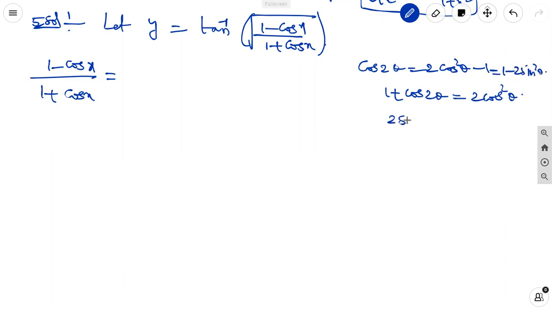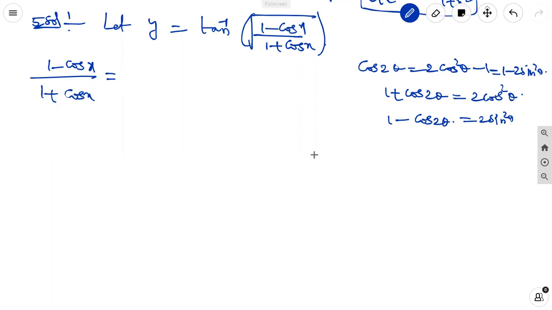So 2 sin square theta equal to 1 minus cos 2 theta. If theta is there, cos 2 theta is there, then we can take the half.